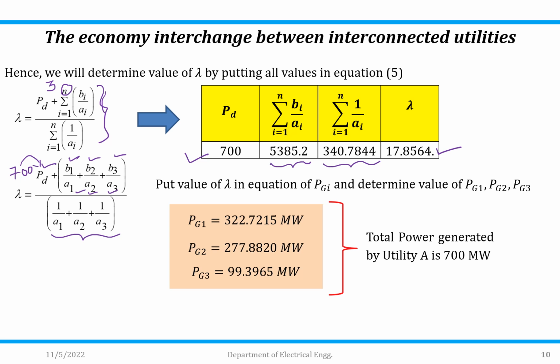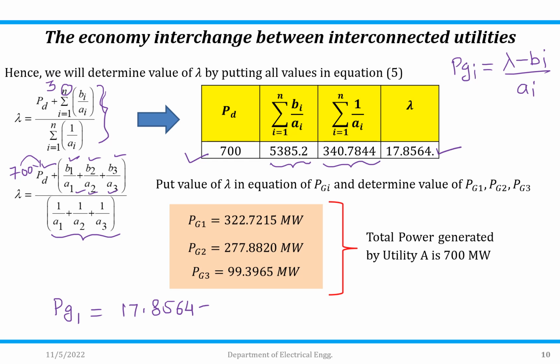Now let us put this value of lambda in the formula. We have gone through this formula: PGi equal to lambda minus Bi upon Ai. Let me write the first step here. PG1 will be equal to lambda, which is 17.8564, minus, now here I am going to substitute i equal to 1, B1 upon A1.